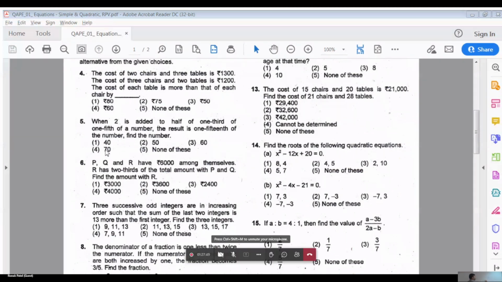So 2x plus 3y equal to 1300, and 3x plus 2y equal to 1200. When you subtract both, you will get y minus x is equal to 100, where y is the table and x is the chair. Can you see the screen on this board, everybody?